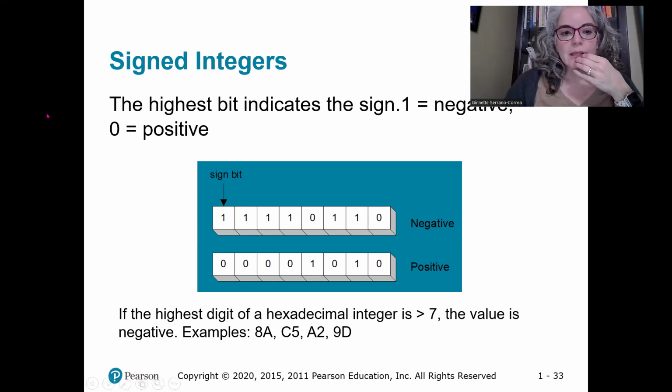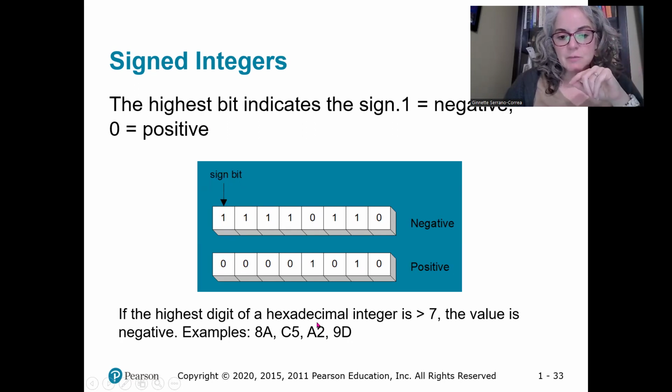So if you're looking at a binary number and the most significant bit is a 1, then you know that it's a negative number. So this is a negative number because this bit is a 1. This is a positive number because this bit is a 0.